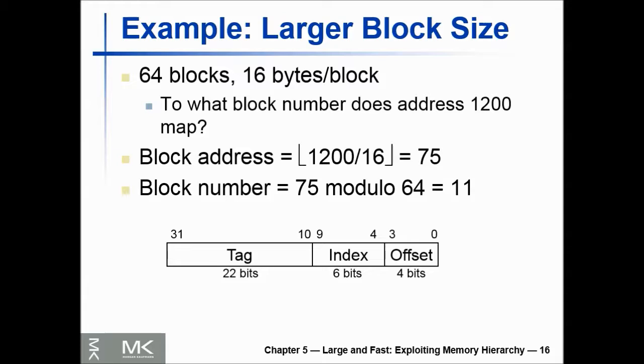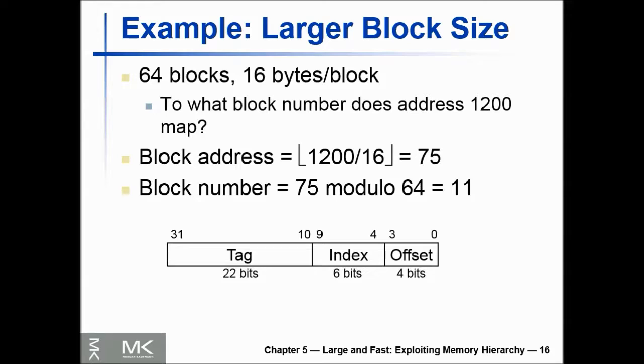Here we have another example. In this example, consider a cache with 64 blocks and a block size of 16 bytes. So the question is, to what block number does byte address 1200 map? The solution is, we already saw the formula. The block is given by the block address modulo the number of blocks in the cache.